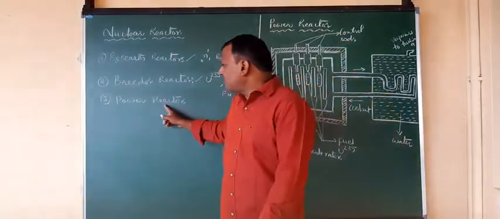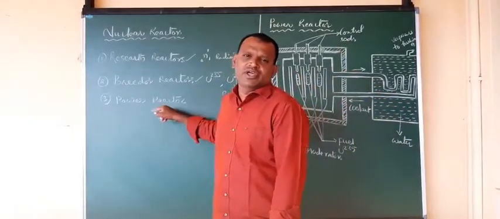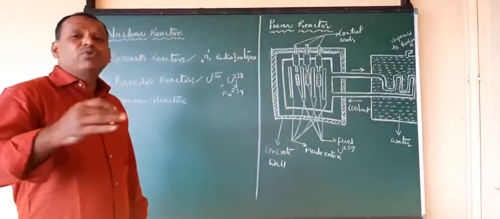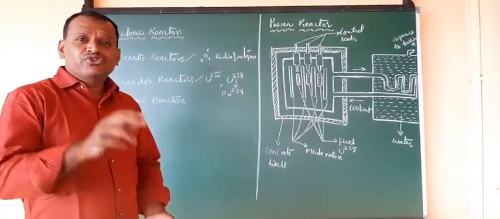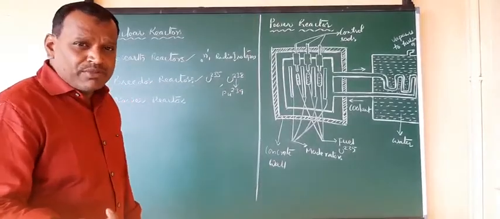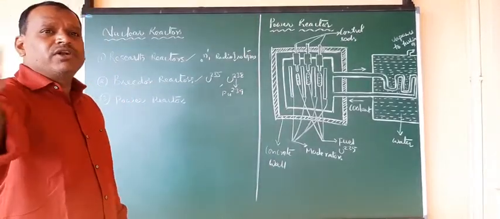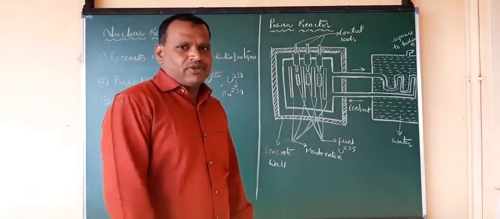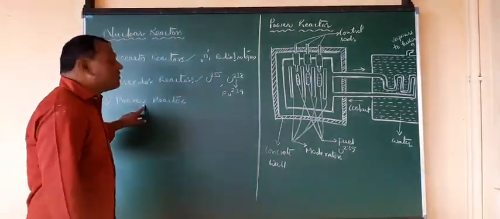So this power reactor is also a nuclear reactor, which is constructed so that power can be generated. The energy produced during the reactions is converted to useful applications for our day-to-day life, right? That is what is called the power reactor.